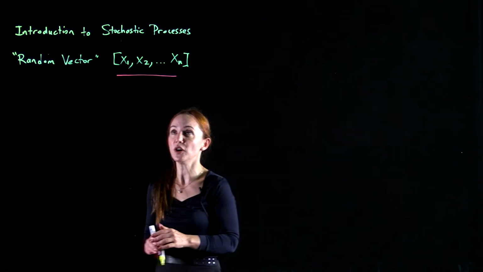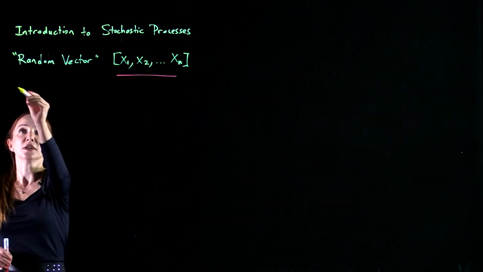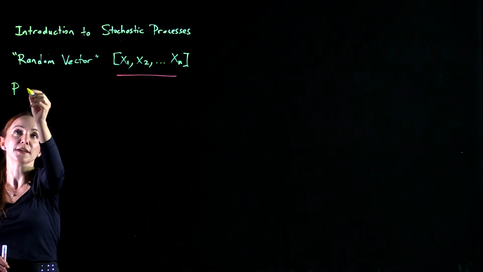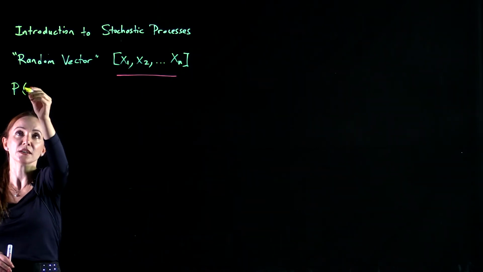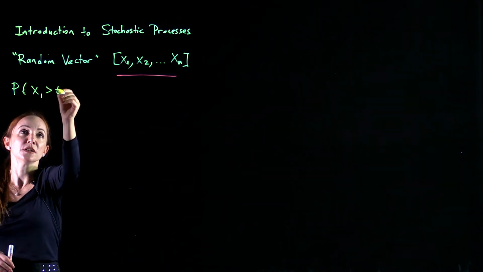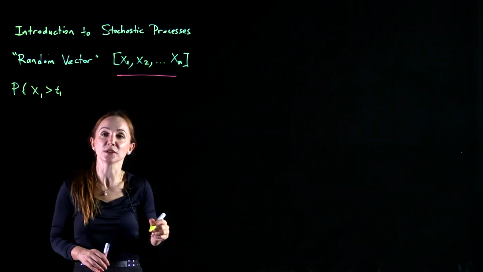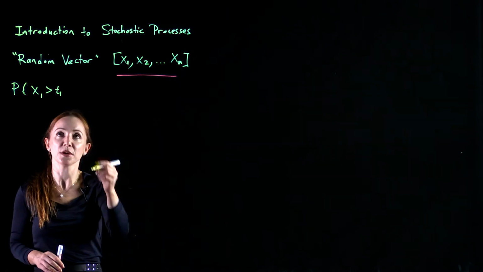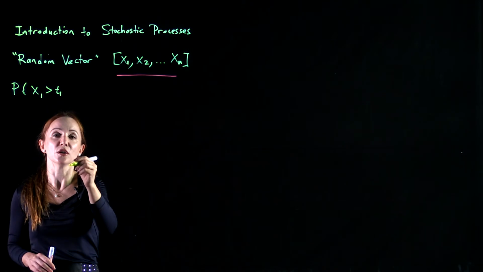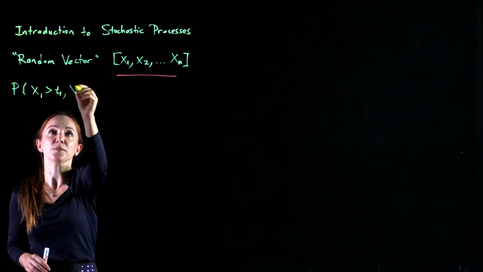Because we can only talk about their joint distributions. So, for example, the joint cumulative distribution functions of these random variables by going back to the sample space description and understanding this probability.